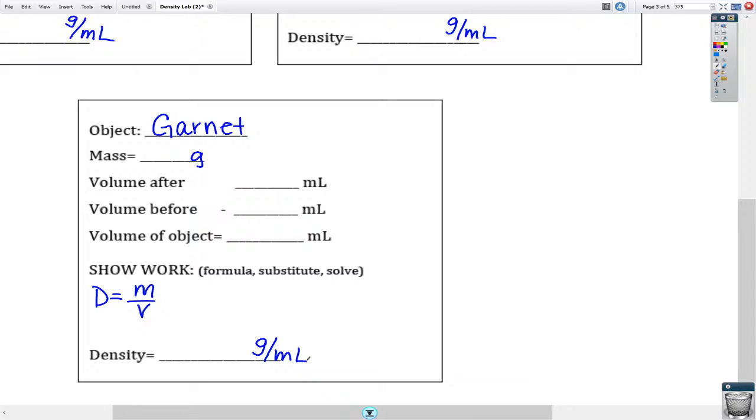Okay, placing my garnet on the scale. Okay, looks like we have 10.5 grams. And now we can calculate our volume.